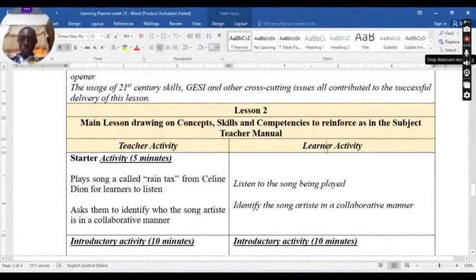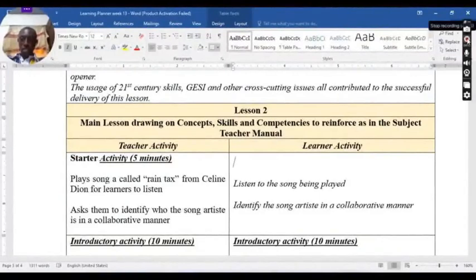It depends on you, so you have to sit down and know what to do. It is not compulsory to have 2 lessons like I'm using to explain here. I hope it is clear. It is very important that you know what to do in a week, and how to split it into 2, 3 or 4 lessons, depending on how you want to tackle the topic for the week.